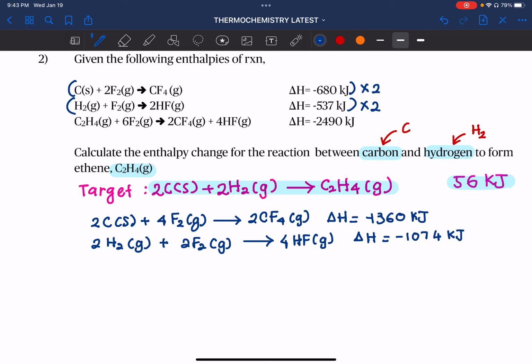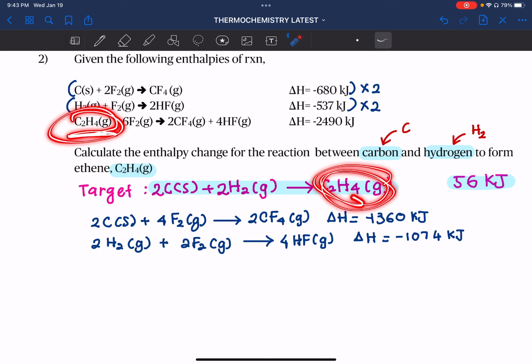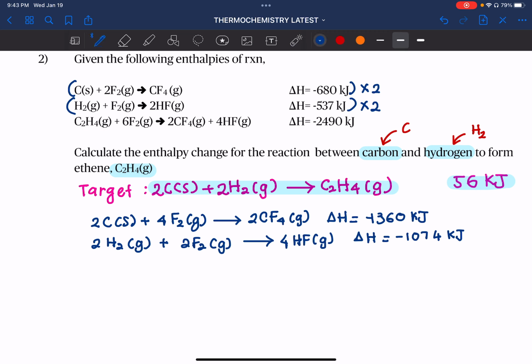Okay, last one. Kita punya target adalah ethene. Tapi kita dah ada ethene, tak perlu darab, tak perlu bahagi. Cumanya dekat sini dia reactant, dekat sini dia product. So, kita macam tadi, sama je lebih kurang. So, kita reverse. Ingat balik dia punya rules.